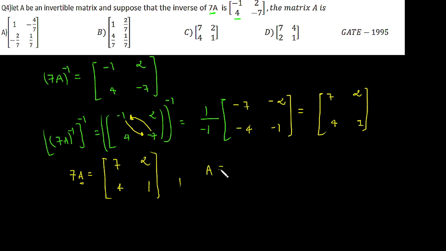On the left hand side we get A. On the right hand side we have 7 by 7, so 1 here, 2 divided by 7 here, 4 divided by 7 here, 1 divided by 7. So we have found the matrix A. Looking at the options, option B correctly describes the matrix A, so option B is the right answer.